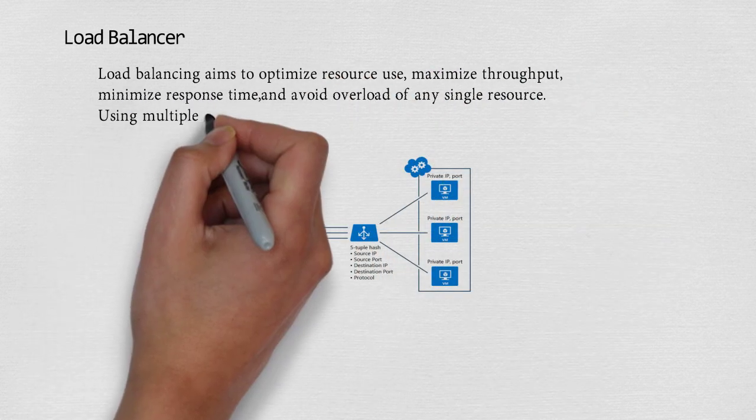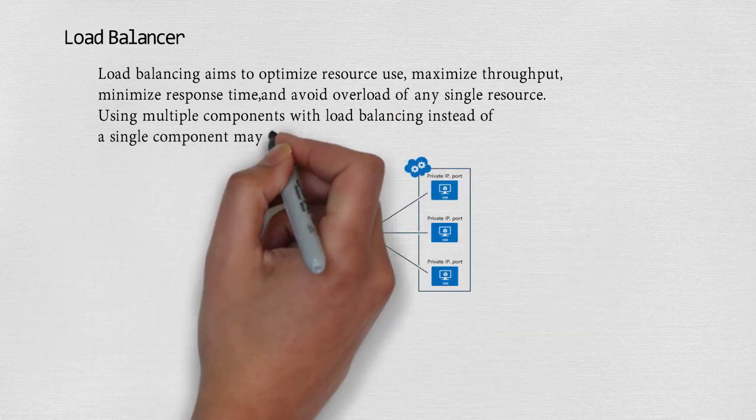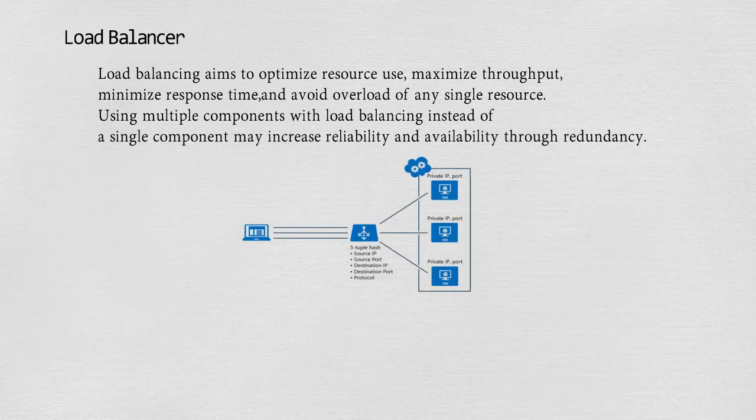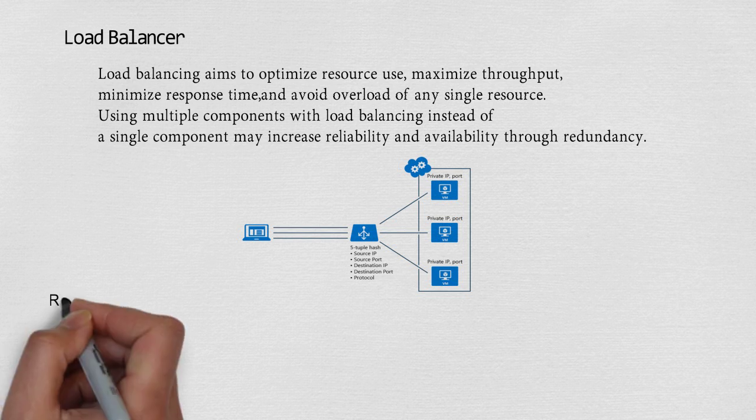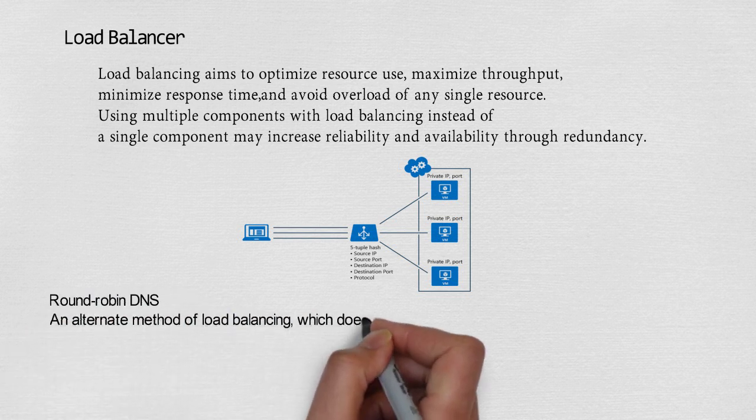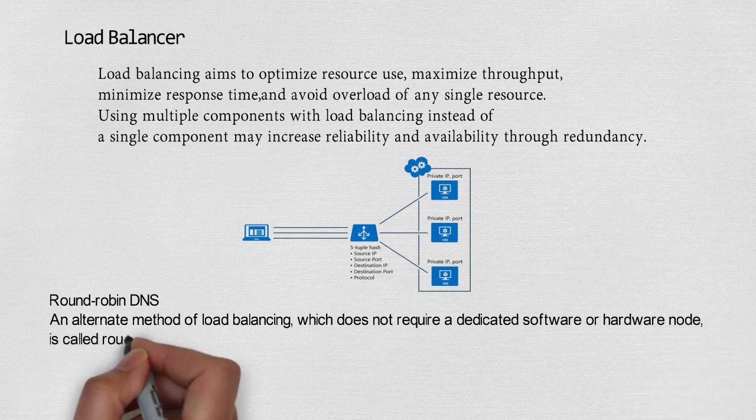Load balancing aims to optimize resource use, maximize throughput, minimize response time, and avoid overload of any single resource. Using multiple components with load balancing instead of a single component may increase reliability and availability through redundancy.